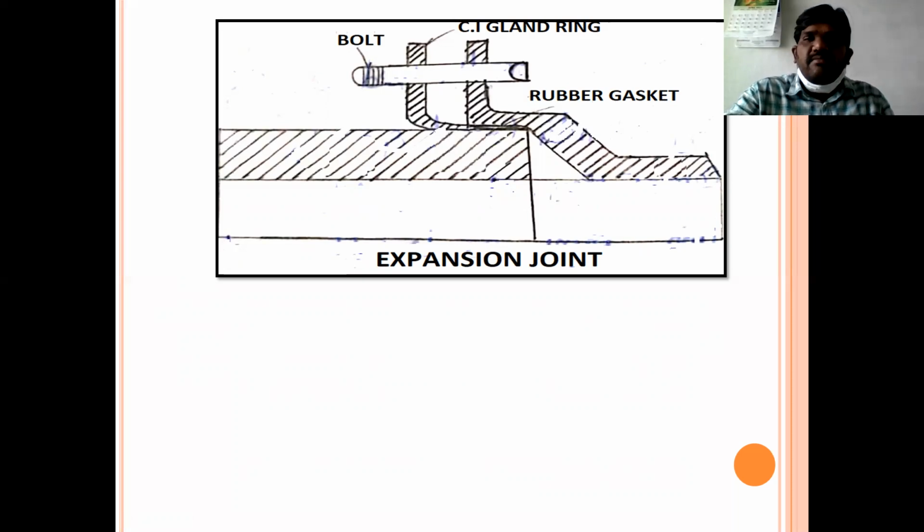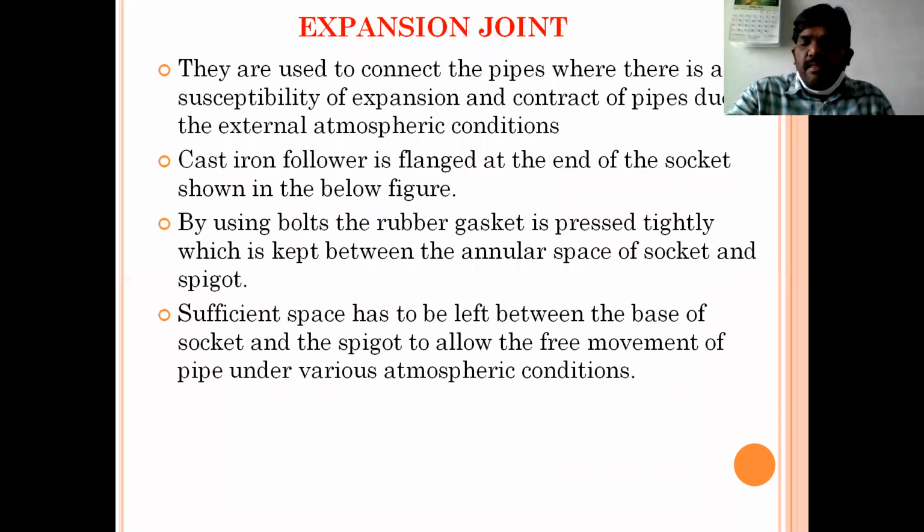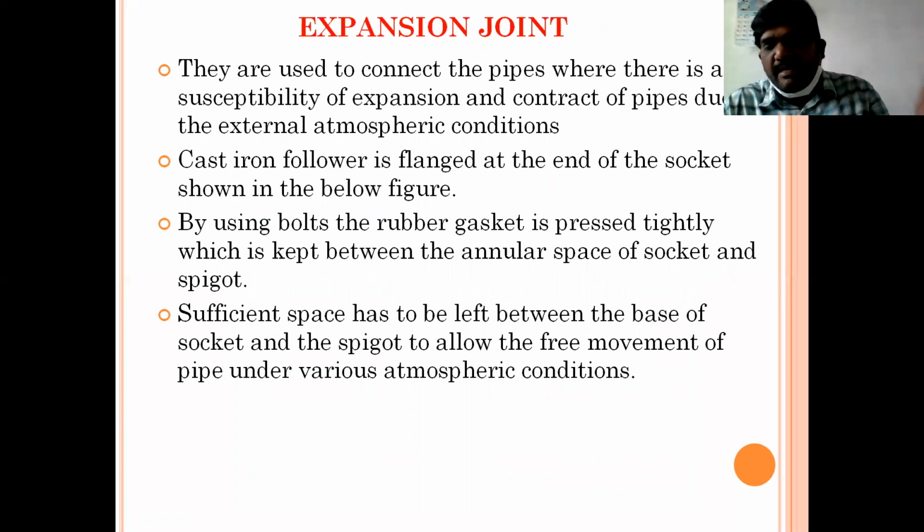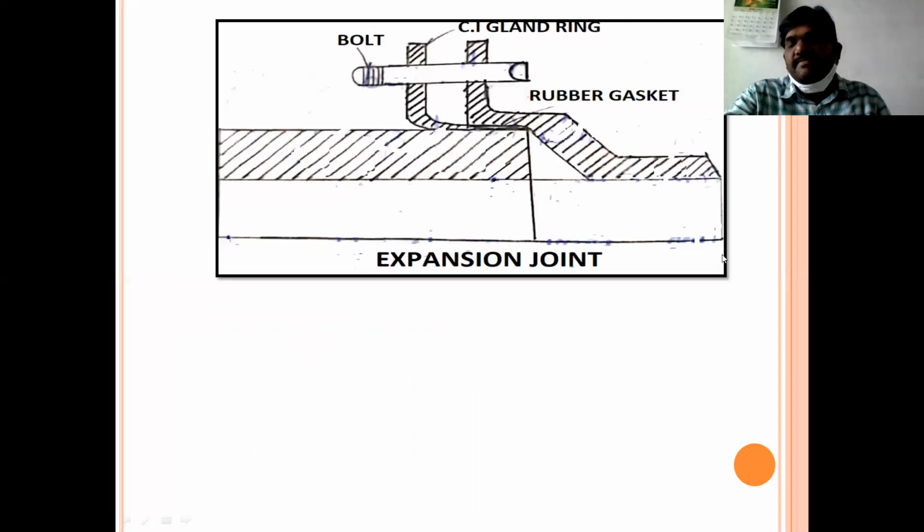They are used whenever the joint has the possibility of contraction and expansion. By using bolts, the rubber gasket is pressed tightly, which is kept in the annular space between the socket and spigot.